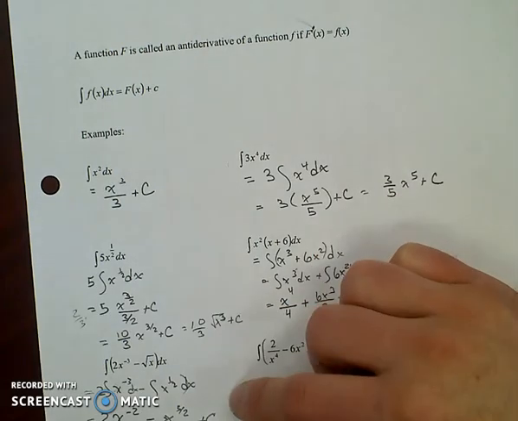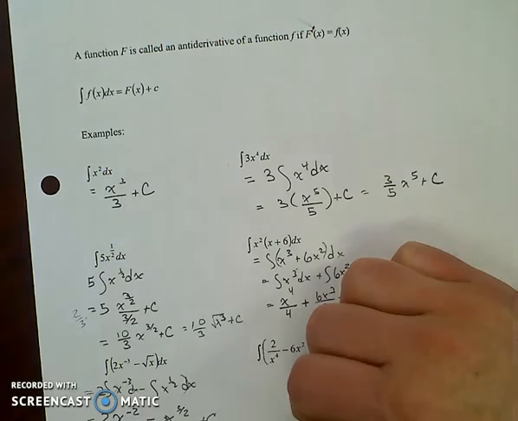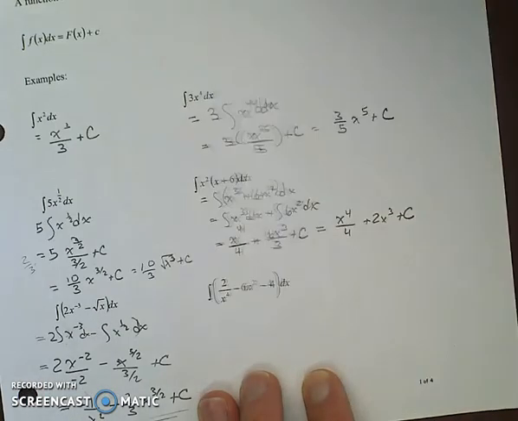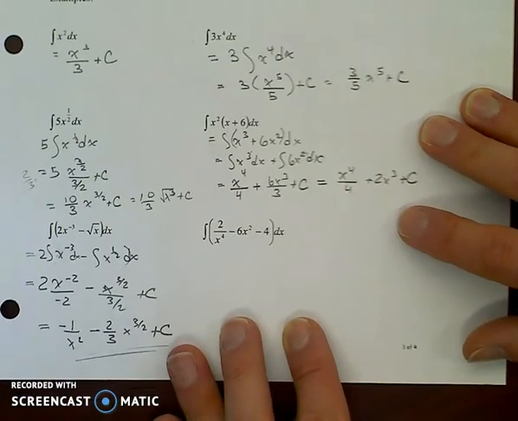And so those twos will cancel. We'll get negative 1 over x squared. The negative exponent brings it down. Minus 2/3 x to the 3/2 plus c. And that's your answer. Oh, you can't see it though. Sorry about that. That's your answer.